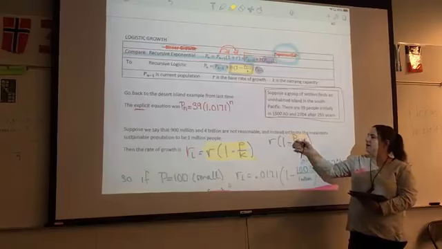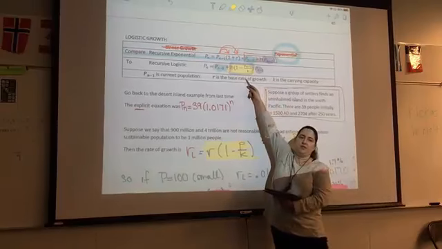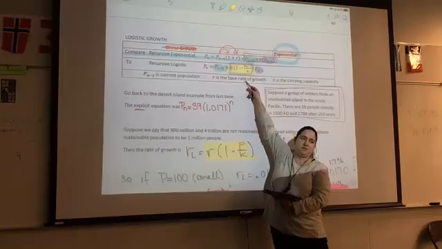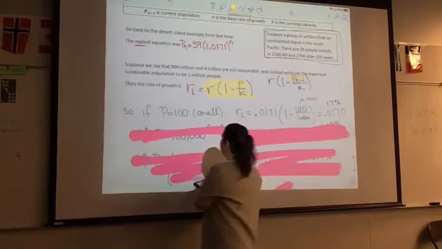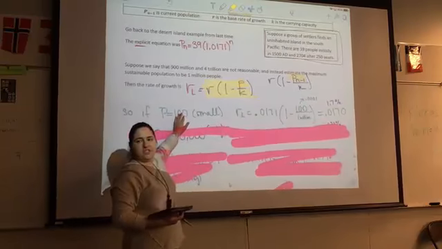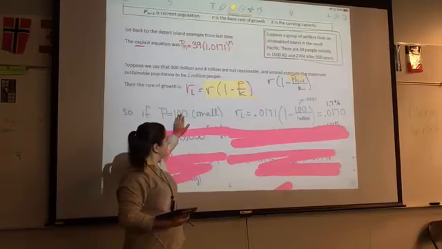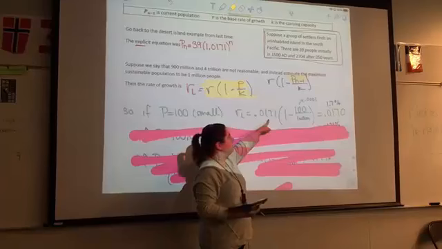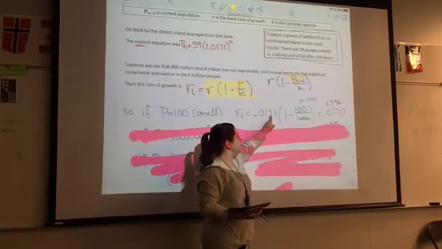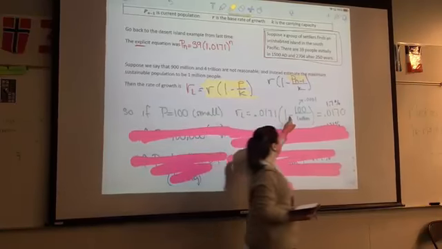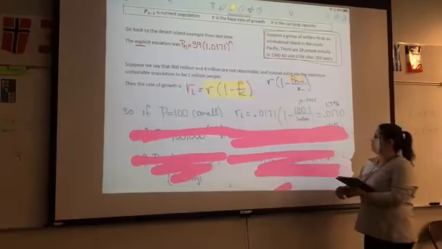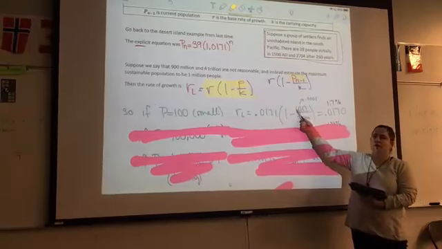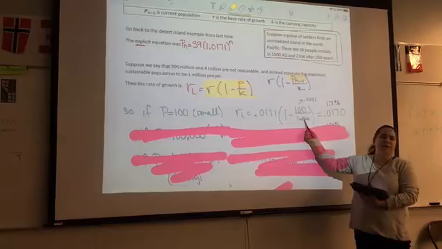So this formula is just this yellow piece of the big formula. It's the new rate. Okay, so here's the deal. If we're at 100, we're still really close to the starting number of 39. So we're going to plug in our rate from yesterday, 1.71%, times 1 minus where we're at, 100, divided by the carrying capacity of 1 million.